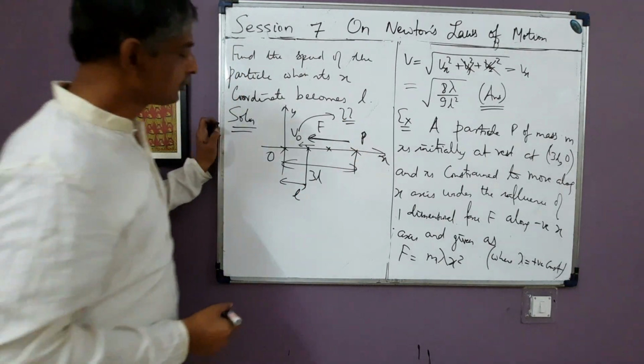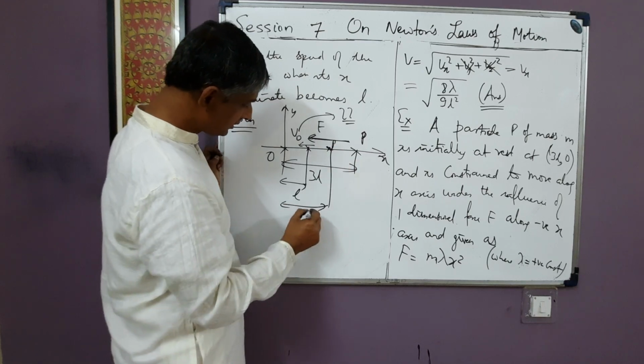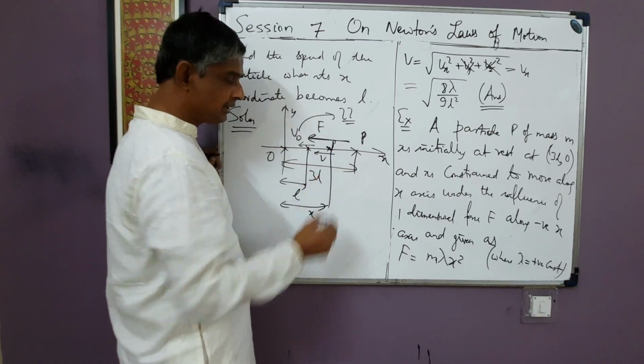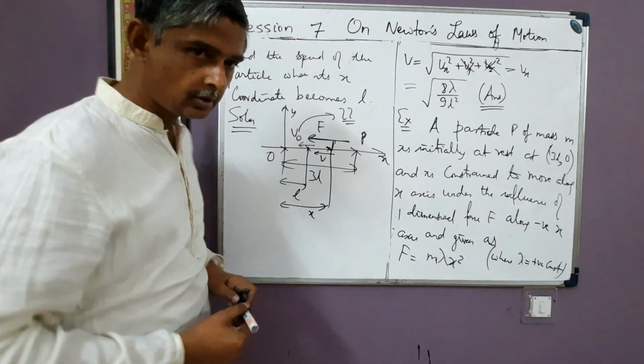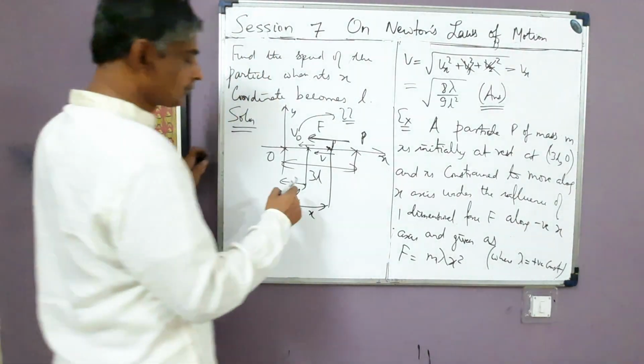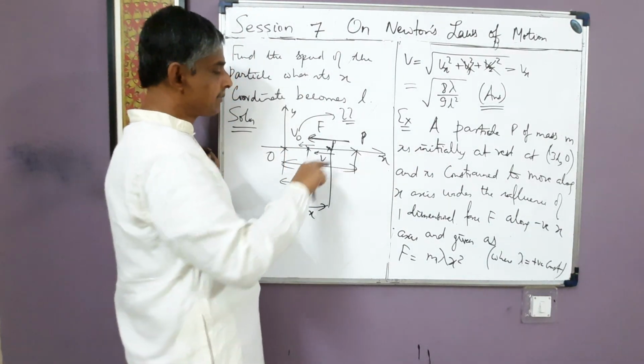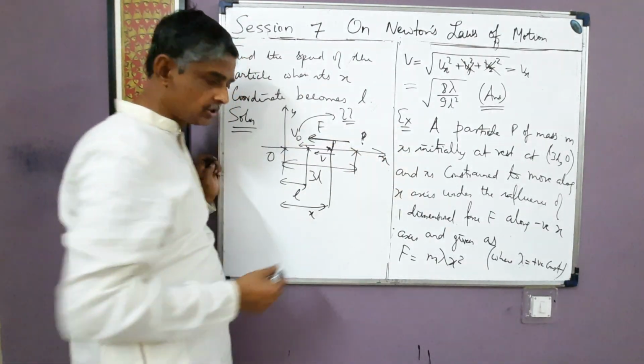Now suppose at some arbitrary moment point P is here. Its x coordinate is say x, and its speed is say v. The point is moving along the negative x direction. I apply Newton's second law along the positive x direction.